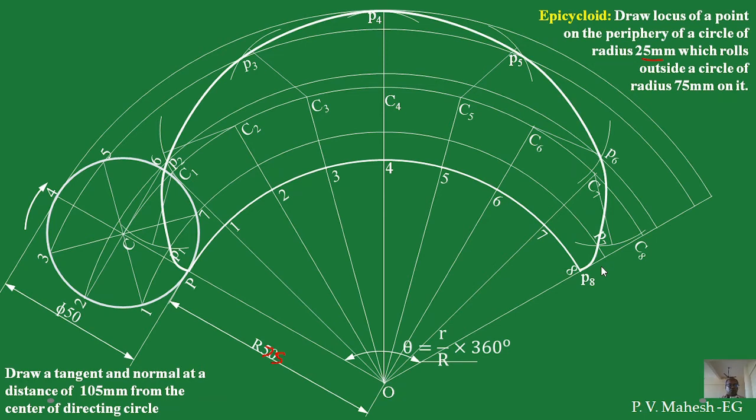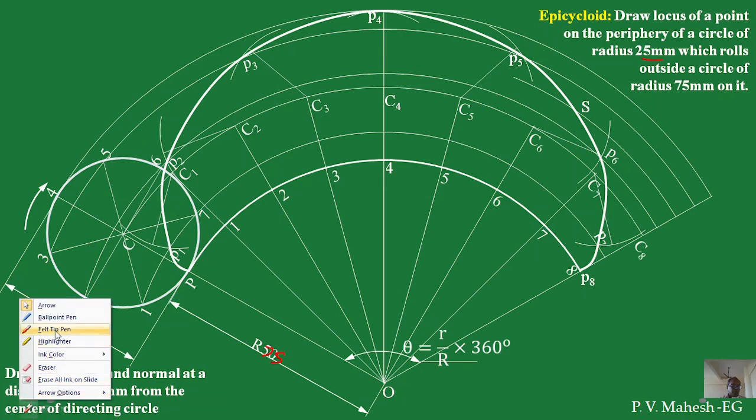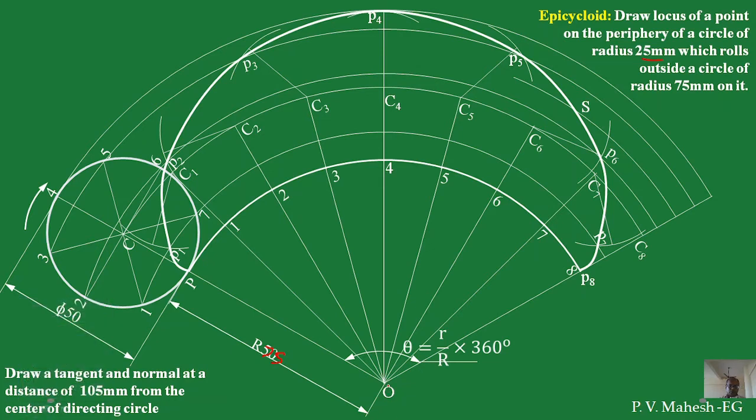Now I have to draw a tangent at a distance of 105 mm from the center of the directing circle. So from here the distance is 105 mm.